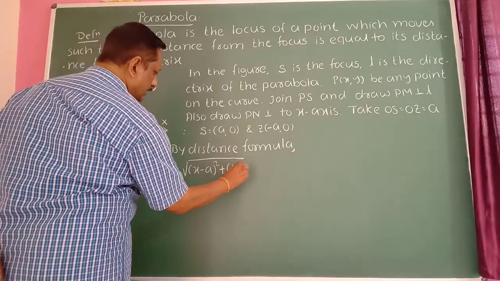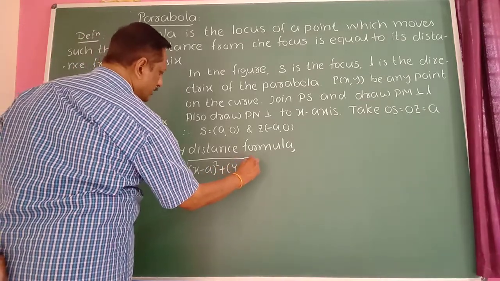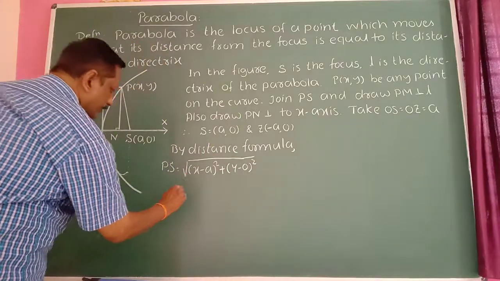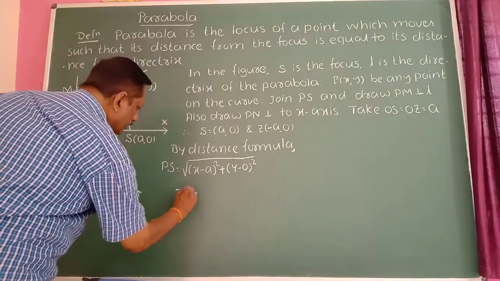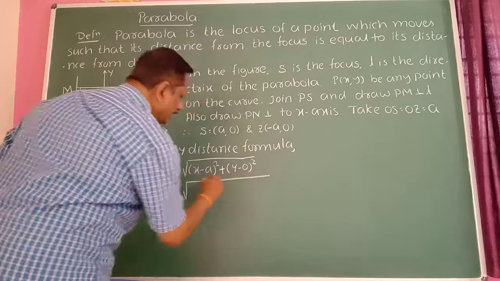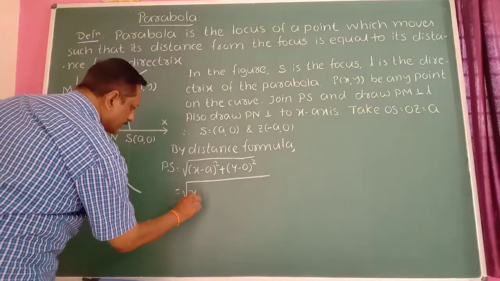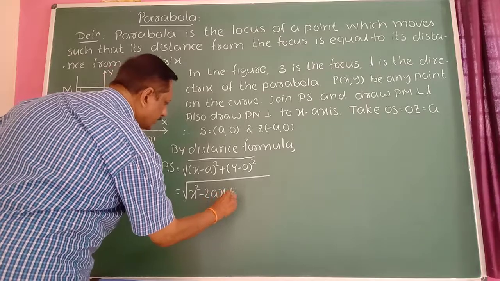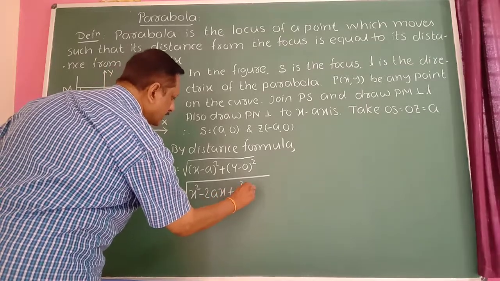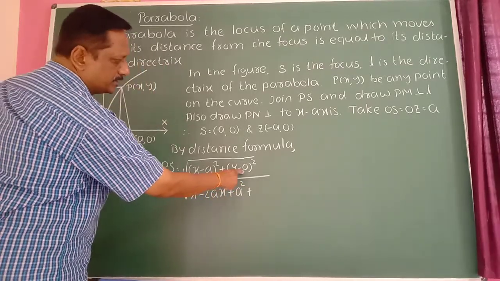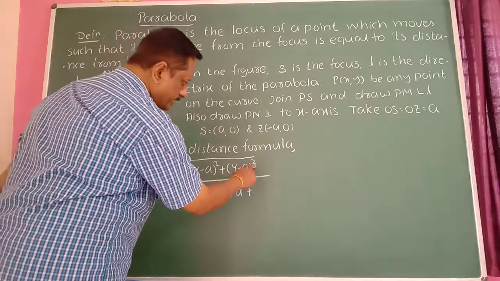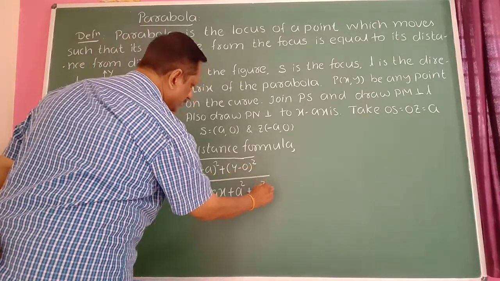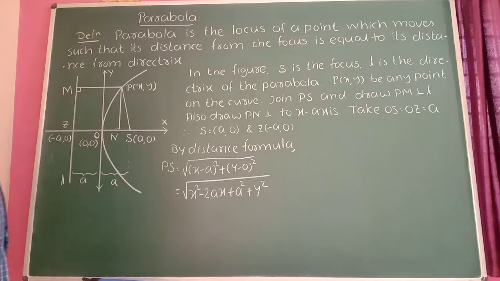So (y minus 0) is y, and its square is y square. Therefore this is equal to the root of x square minus 2ax plus a square, plus y square. So this is PS.